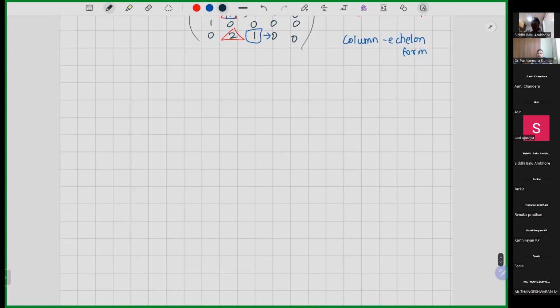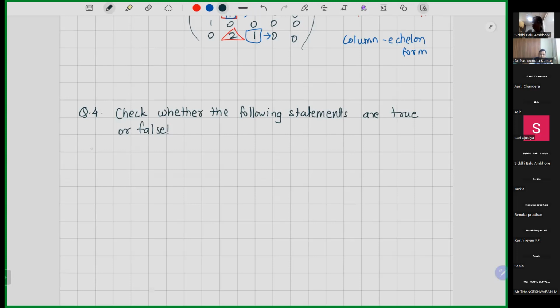So now we'll move to our next question, question 4, and we have to check whether the following statements are true or false.